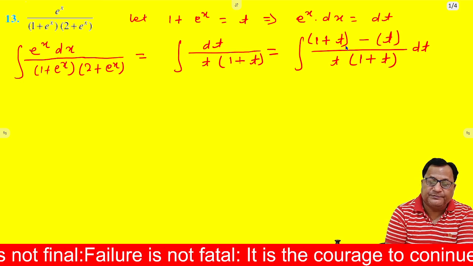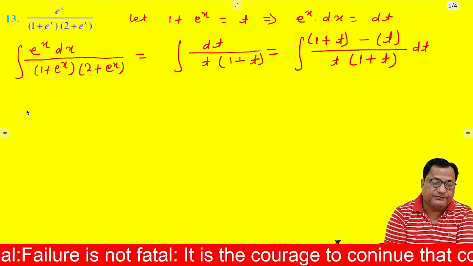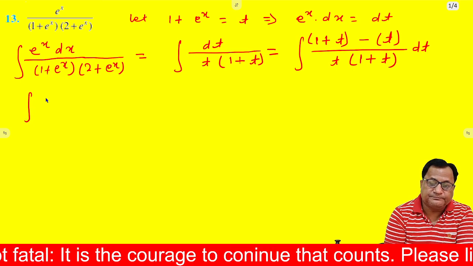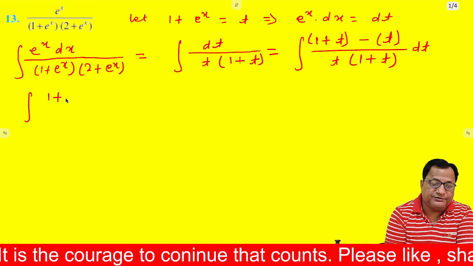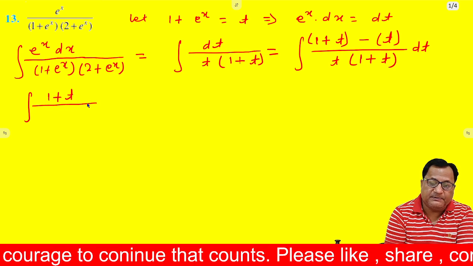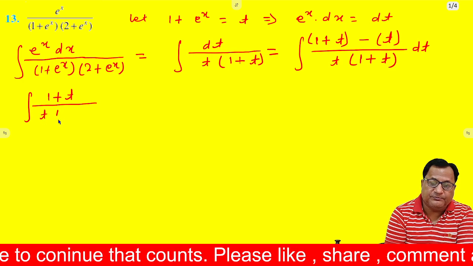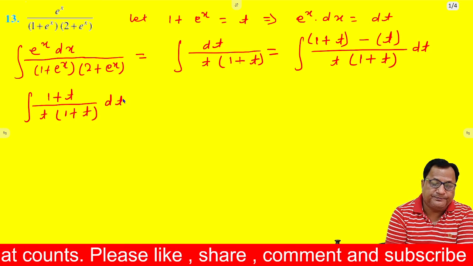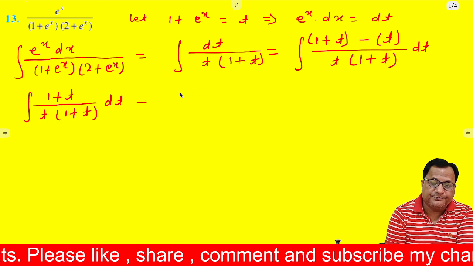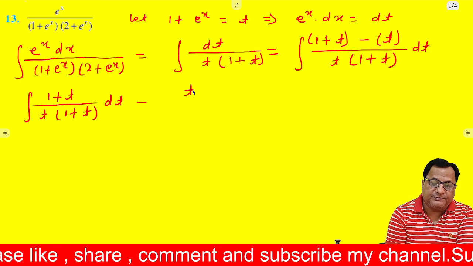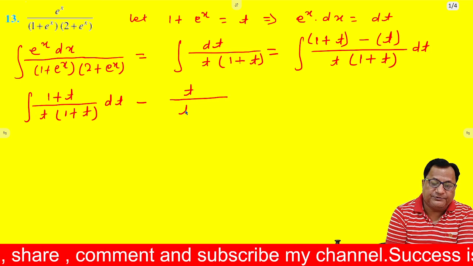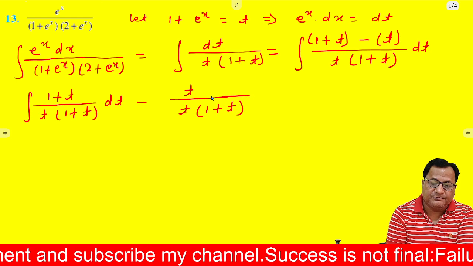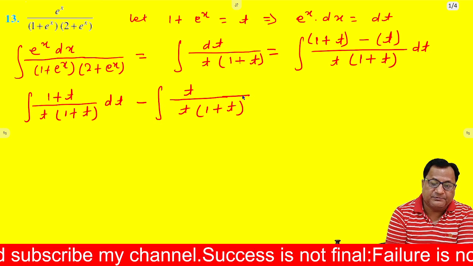Now we will separate this, so this will be (1 plus t) divided by t into (1 plus t) dt, minus t by t into (1 plus t) dt.